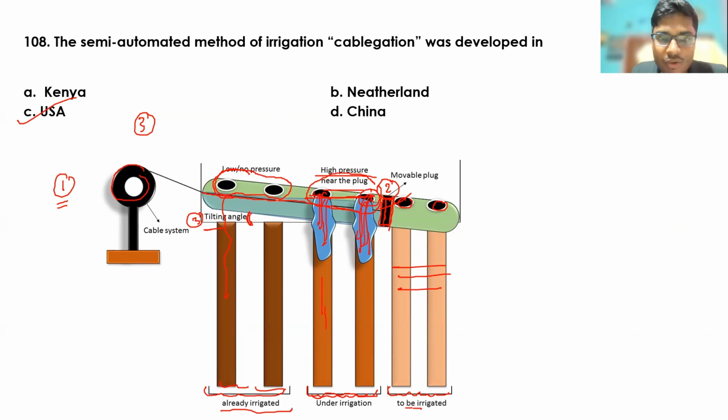But here we can see when the movable plug is away, the water level is not sufficiently high to reach the outlet. That is the reason why water will not come out of this outlet, because due to this tilting angle, water will not come out of these outlets. Okay, I hope the concept of cavalgation is clear to you.